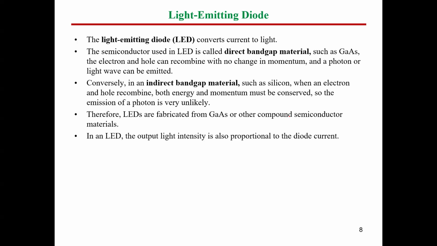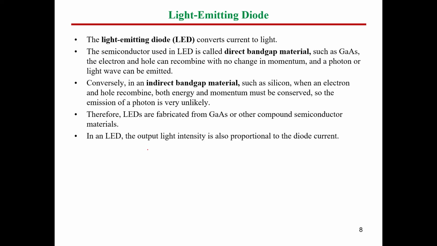It's not the indirect band gap one, like silicon. So it needs a special material, which is a direct band gap material. LEDs are fabricated from gallium arsenide or other compound semiconductor materials, but not the indirect band gap materials.